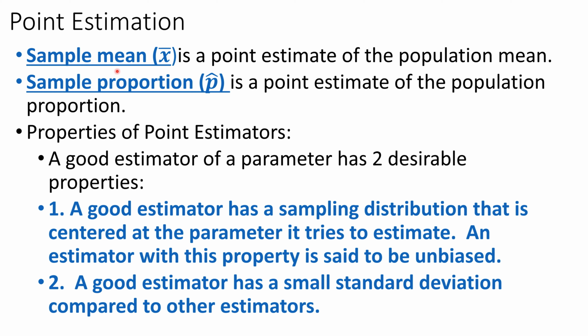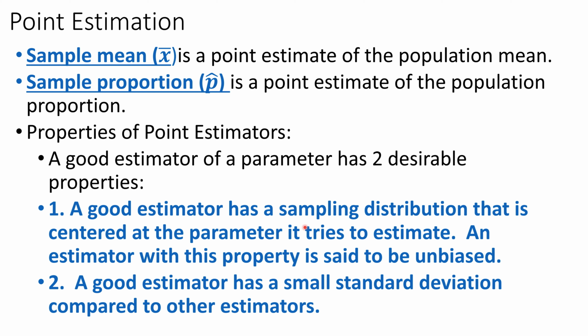For example, the sample mean x bar is a point estimate of the population mean. The sample proportion p hat is a point estimate of the population proportion. We need to study the properties of point estimators. A good estimator of a parameter has two desirable properties.